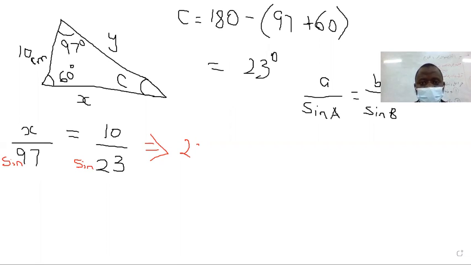So now, I want to cross multiply. If I'm cross multiplying, you will see that I will have X multiply sine 23, right?